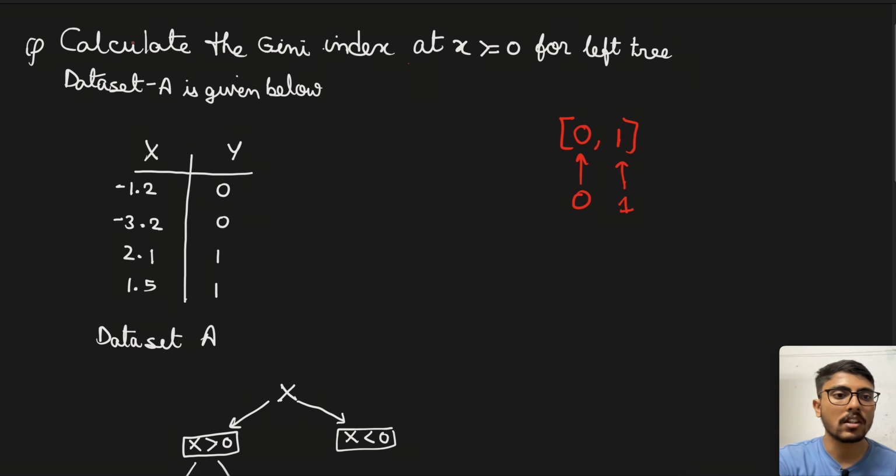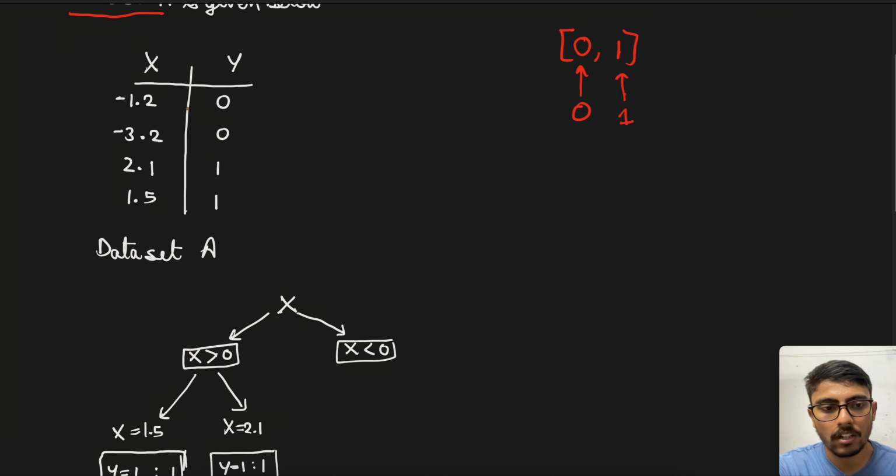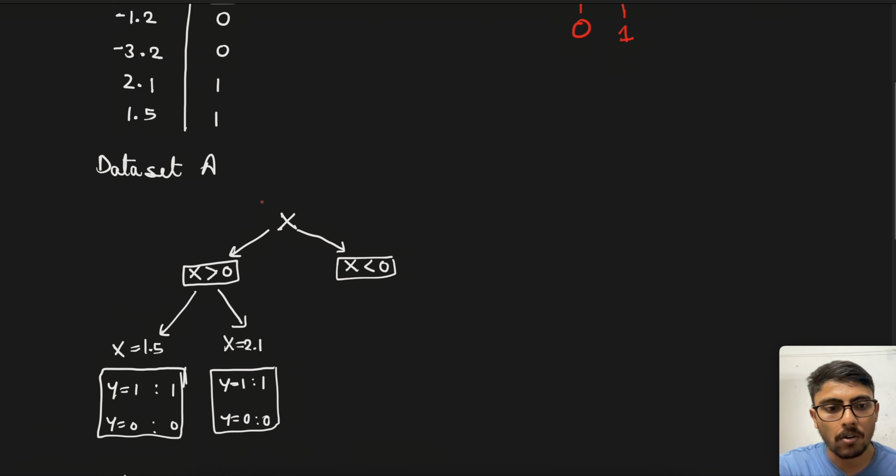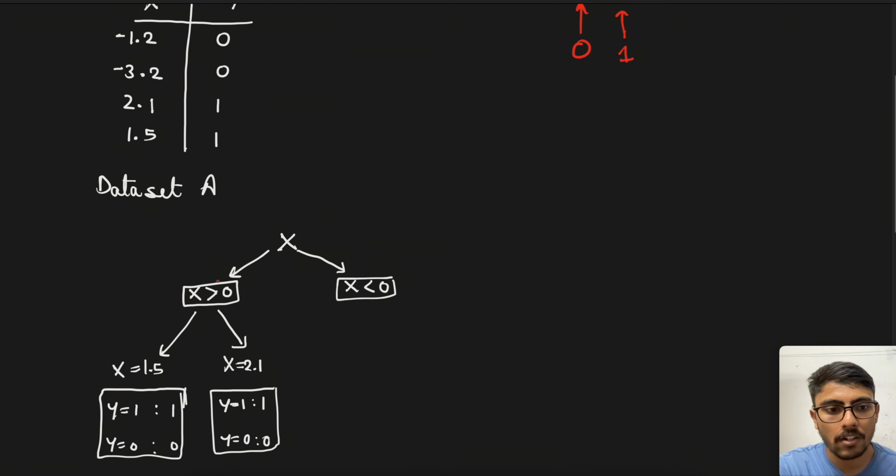So the question given is basically: calculate the Gini index at x greater than or equal to 0 for the left tree. The data set A is given below. So based on the data set, we first need to create the classification tree. Then on top of that, we will find the Gini index for the left tree. Now for x greater than 0, we have x equal to 1.5 and x equal to 2.1.